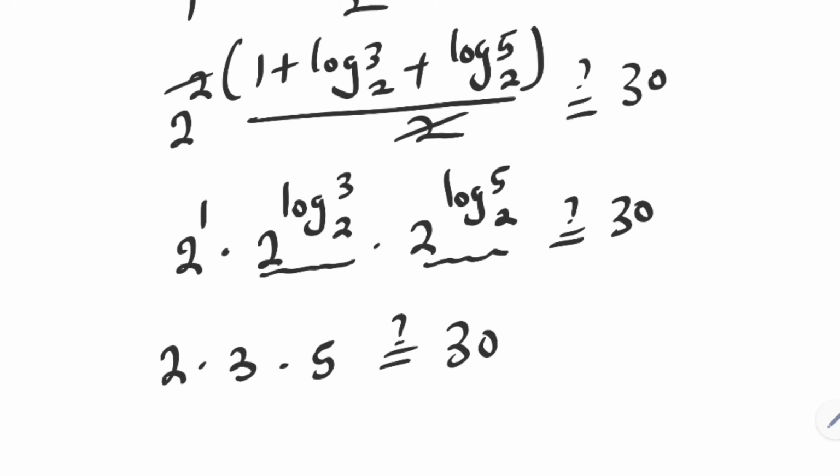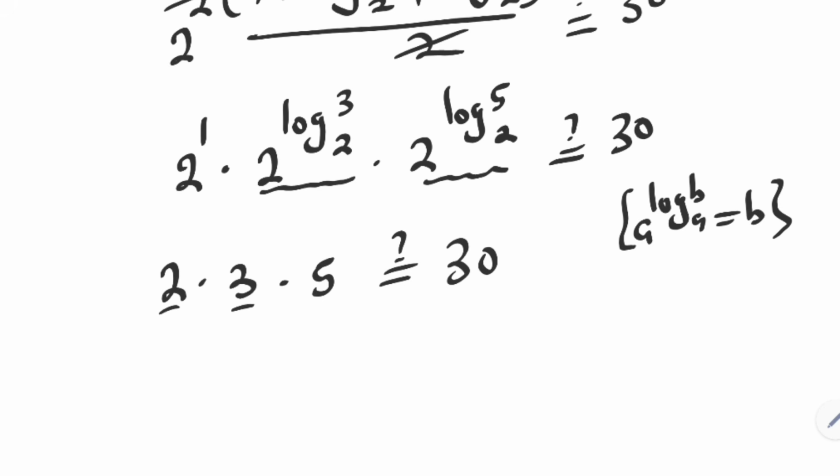That is, if you have a raised to power log b base a, this is equal to b. So we have 2 multiplied by 3, that is 6, multiplied by 5, 30 is equal to 30, which is true. And of course, you can actually solve this problem in less than 30 seconds.